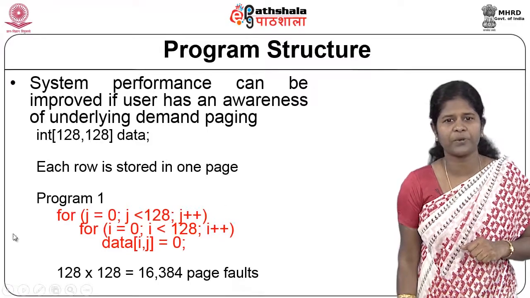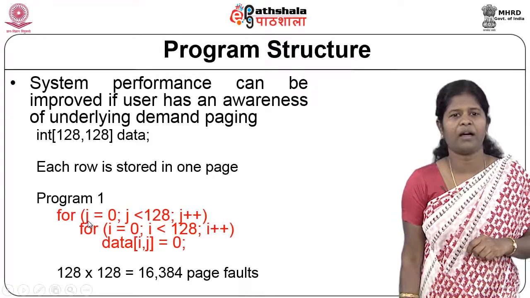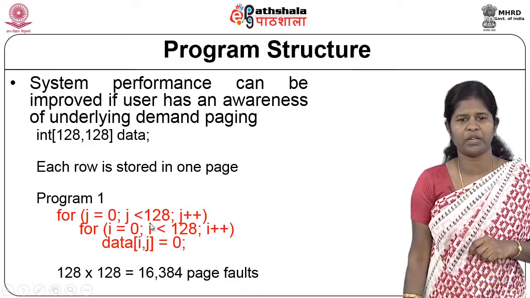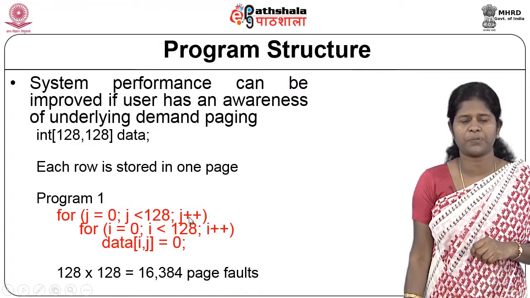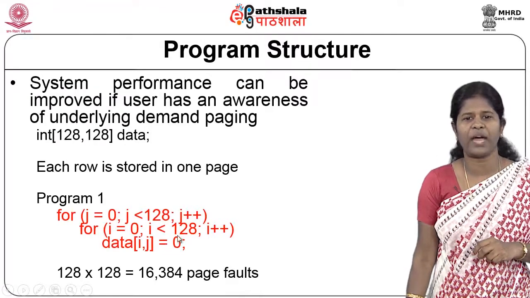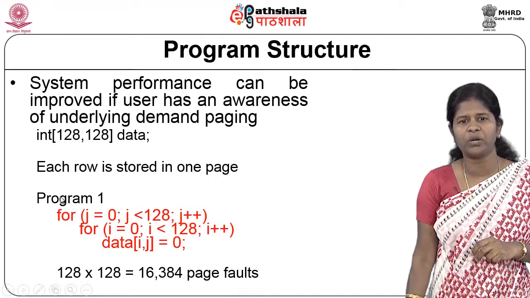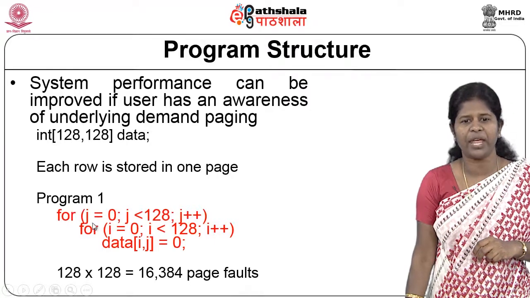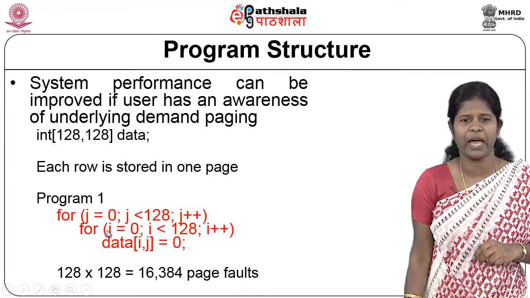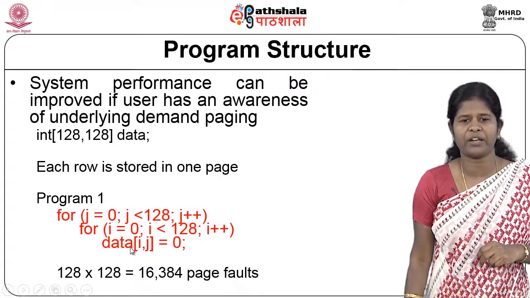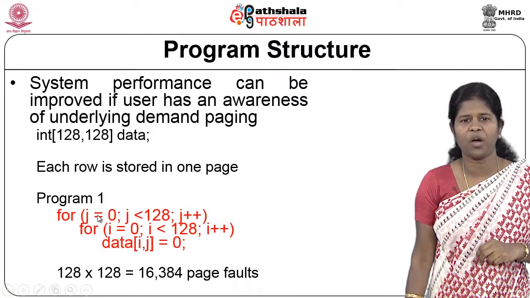Now, if you write a program like this, where say for j equal to 0, j less than 128, j plus plus, for i equal to 0, i less than 128, i plus plus, the outer loop has the j index and the inner loop has the i index. So, the first element referred to here will be data of 0 comma 0.